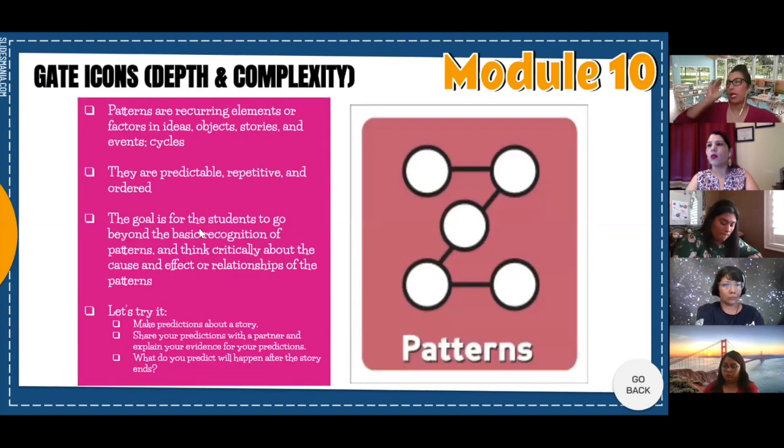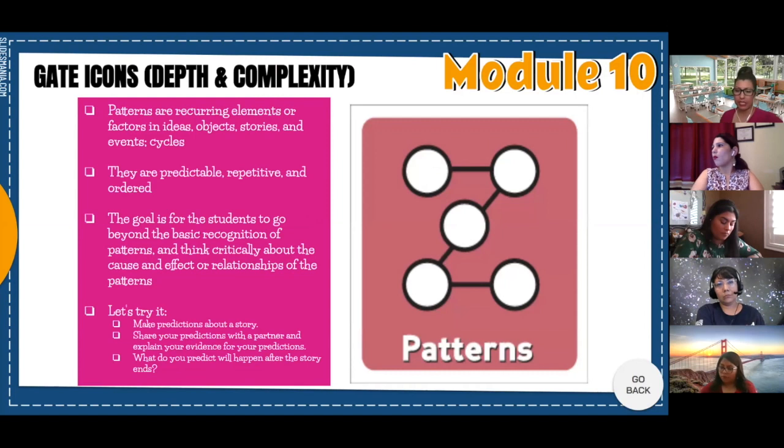So this one right here is the patterns icon, and you want to use this when whatever you're teaching is showing recurring elements or recurring factors in your discussion or topic. You'll see a lot of this, or it's easy to use this icon, when you're reading a novel, because every story has a pattern, right?